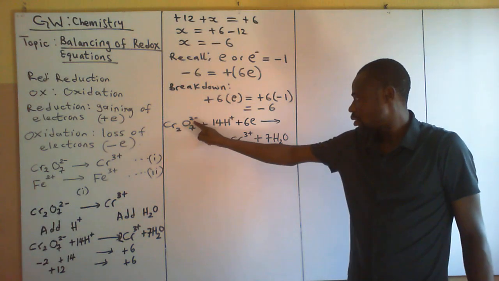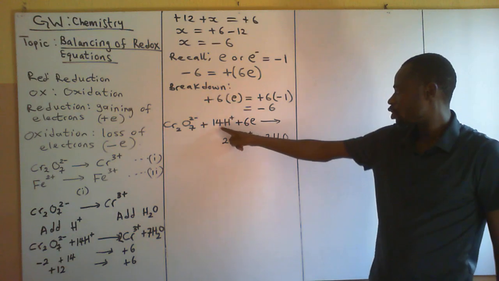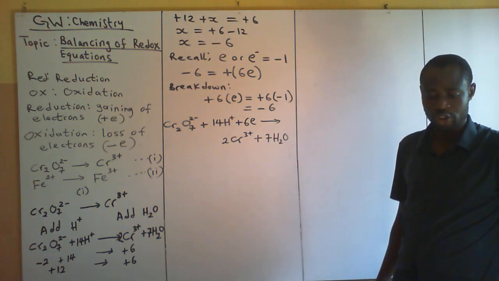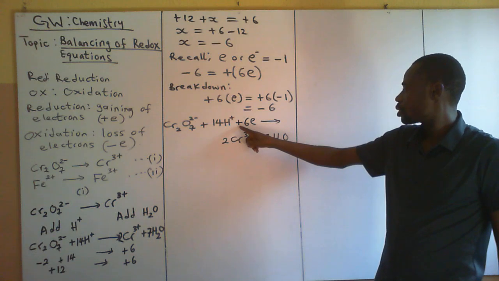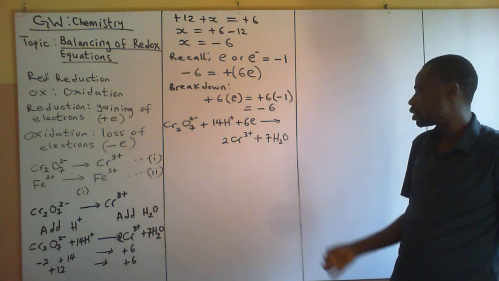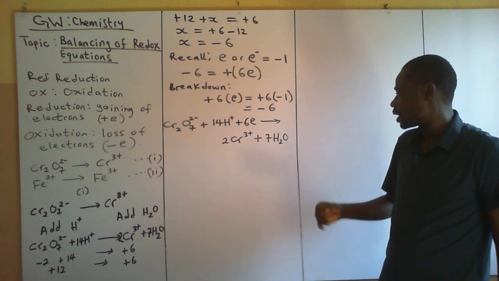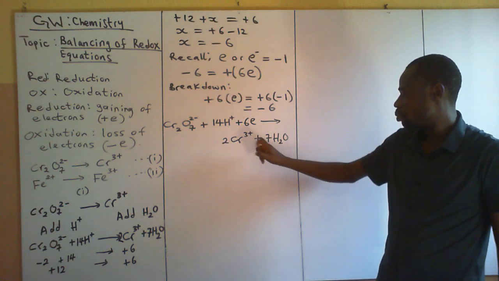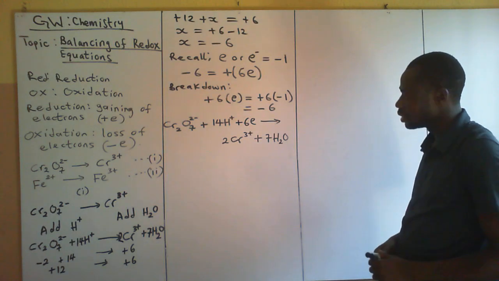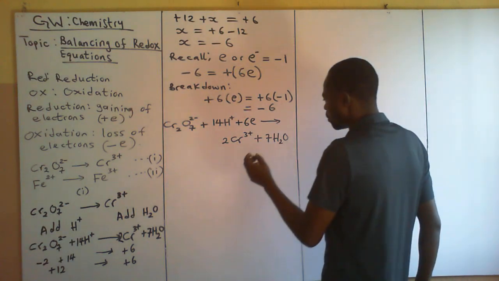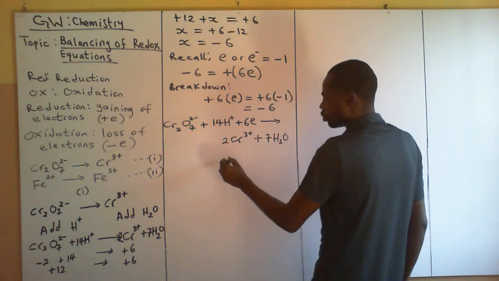Charges: minus 2 plus 14 is plus 12, plus 6E, giving us plus 6. Here is also plus 6. That equation is balanced. Then we now think about the second equation, equation 2.